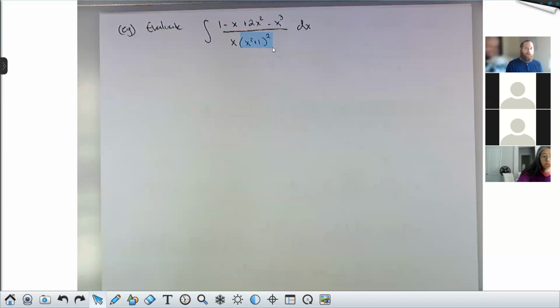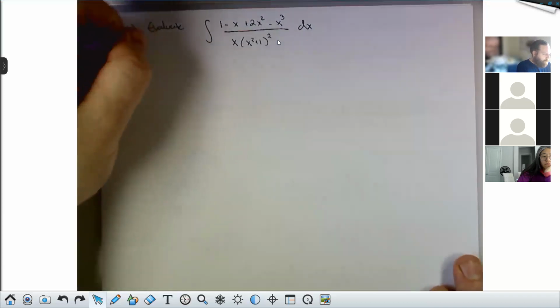Yeah, good. So just this piece is degree 4. When you distribute this x, it would become degree 5. So the denominator is degree 5. The numerator is degree 3. 3 is strictly smaller than 5. So we don't need to do any long division here.